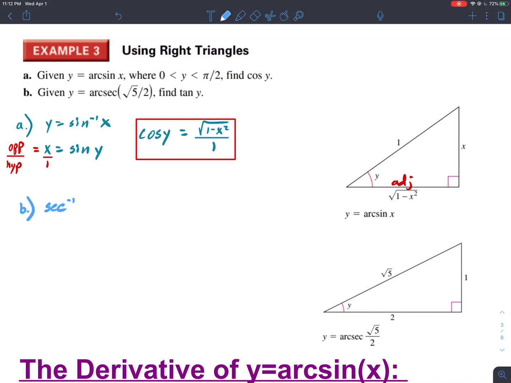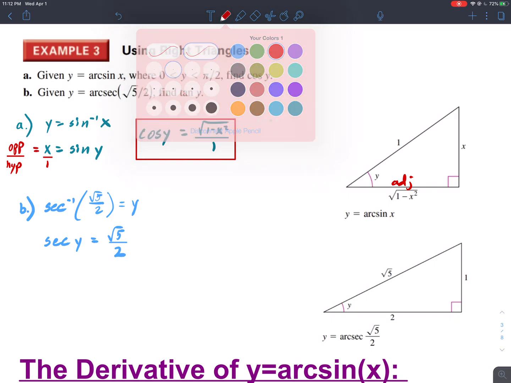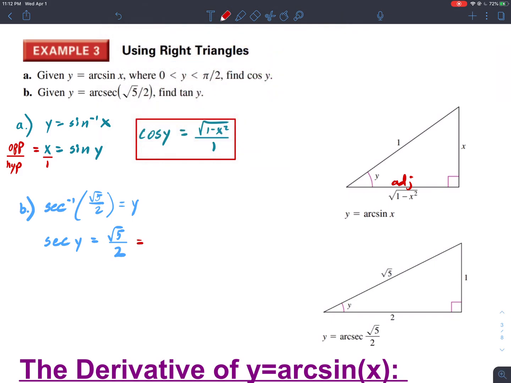If inverse secant or arc secant of root 5 over 2 equals y, well, that means that secant of y must be root 5 over 2. And we recall that secant is hypotenuse over adjacent.